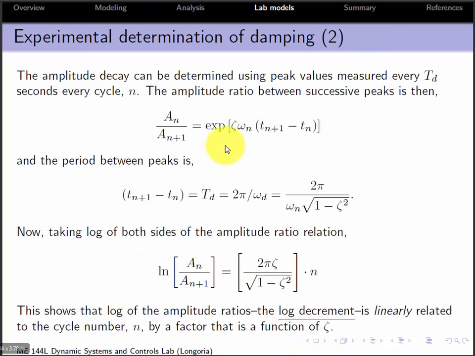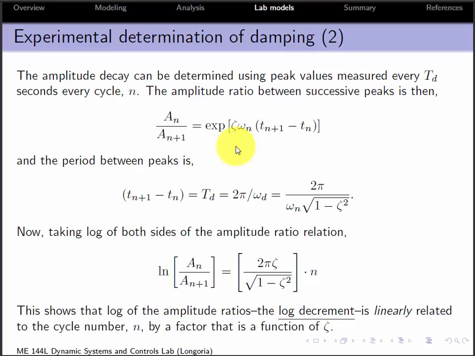right? So what we can do then is look at now at just the peaks, kind of like the way we did in an earlier experiment with the pendulum, right? You can just look at the peaks and you could discern something about dissipation, you recall.